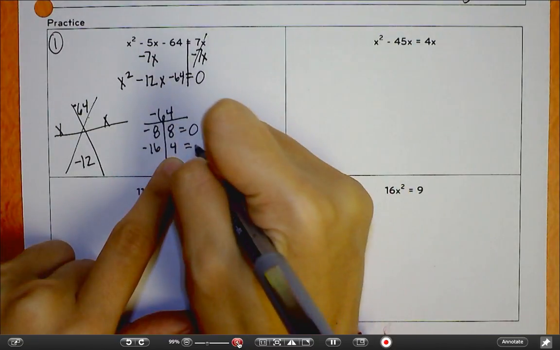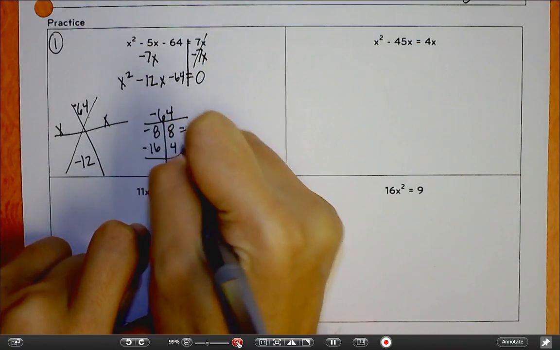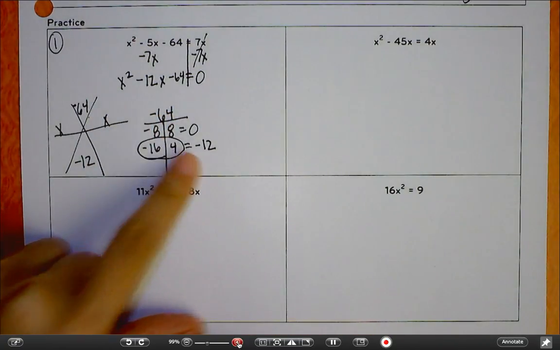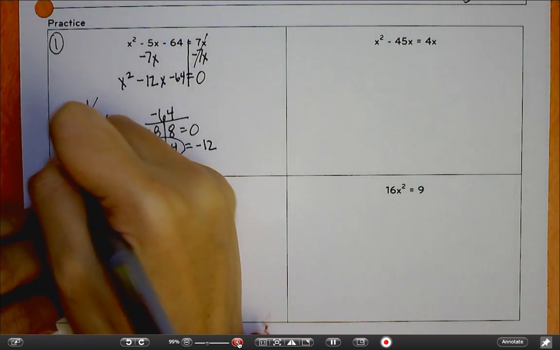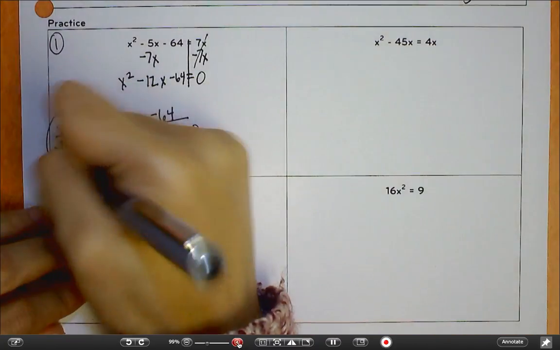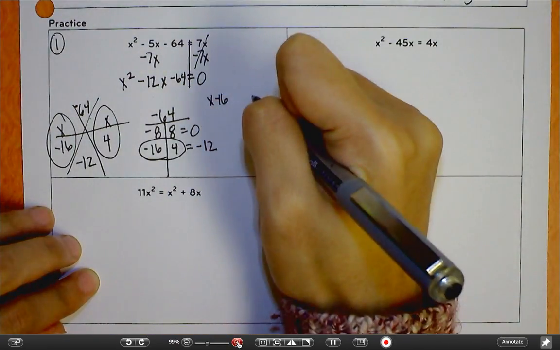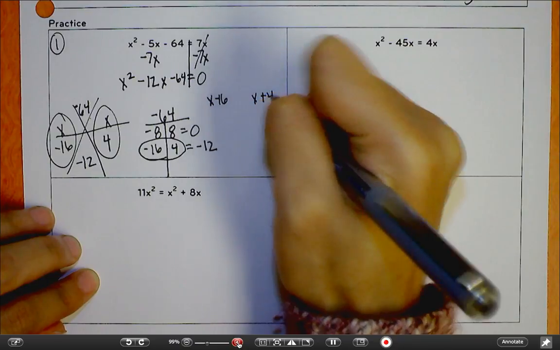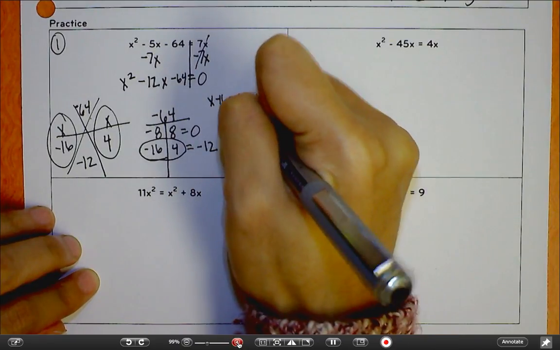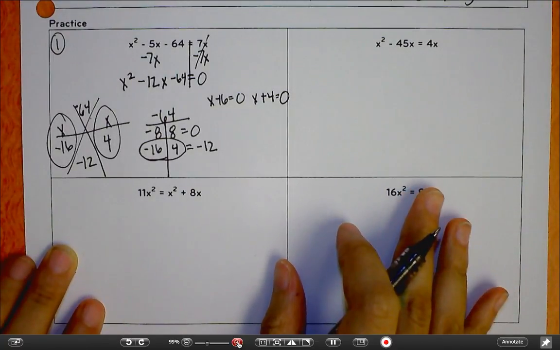That's going to give you negative 12, and that is what I want. So I'm going to use these factors, negative 16 and 4. Here are my 2 factors, x minus 16, x plus 4. I'm going to set them both to 0, and I'm going to move on to my third step.